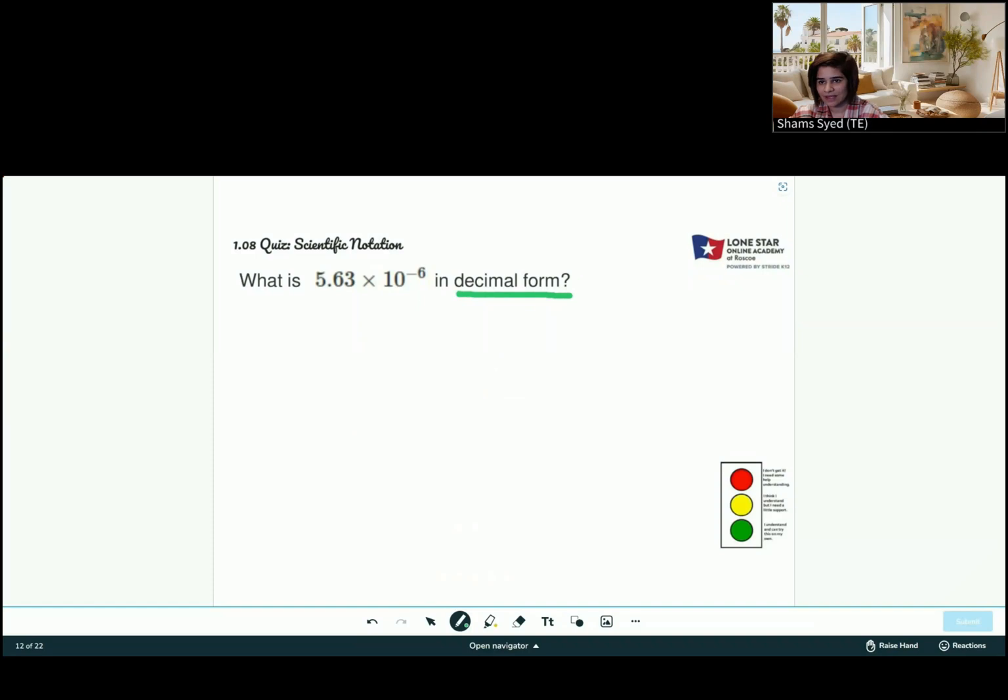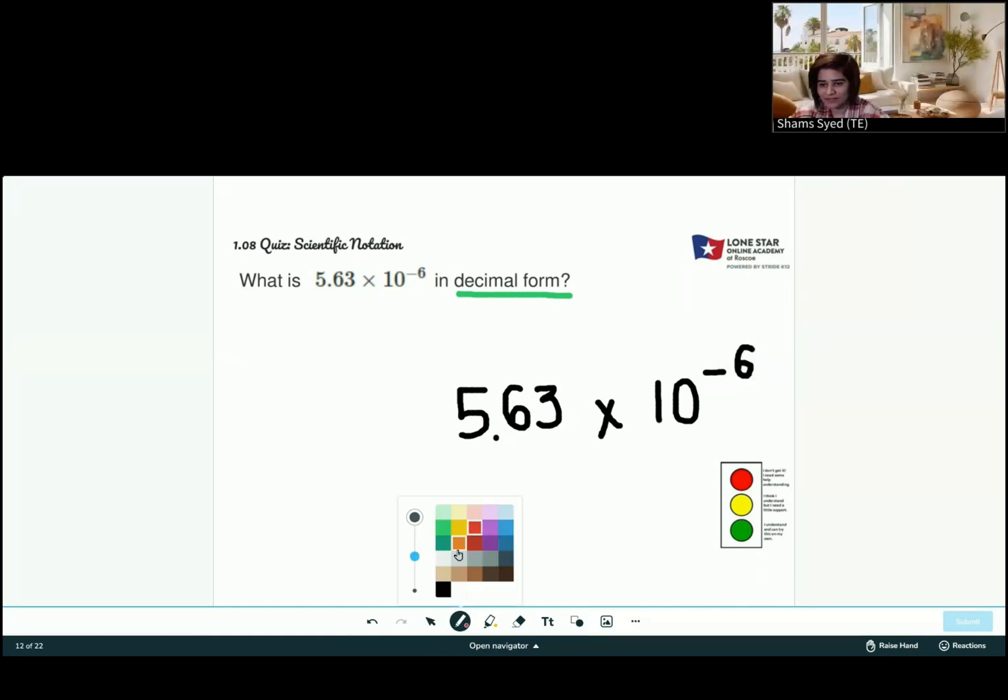Okay. I'm going to give you some really beautiful hints over here. The number they gave us in scientific notation is 5.63, times 10 to a power of -6.